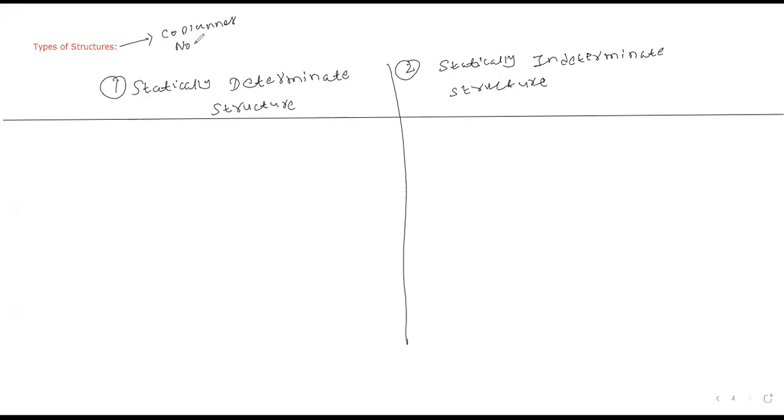If we consider this force system, what will be the number of equilibrium conditions? Write down in the chat box. How many equilibrium conditions? This question is open to all the students. I want an answer from all the students. Okay, 3. Fine, fair enough.